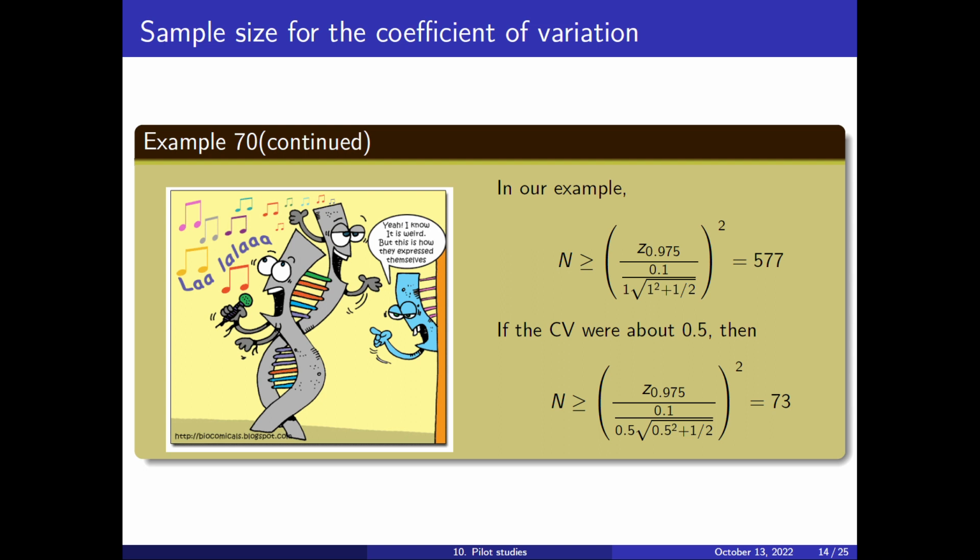The coefficient of variation is how variable the observations are with respect to the mean: do they change like 10% or 20% of the mean, or 100% of the mean? If they decrease their variability, you need many fewer samples to have a given precision.